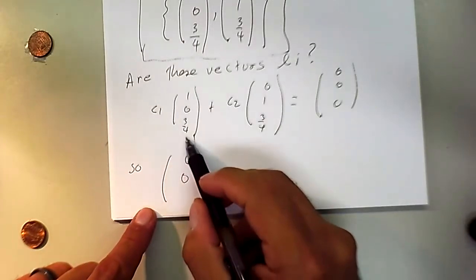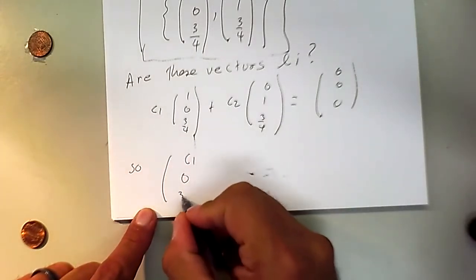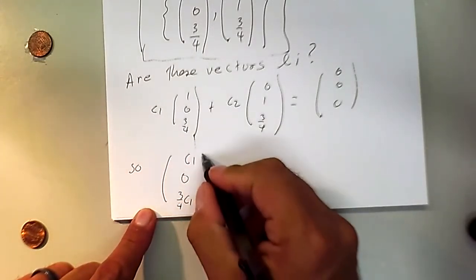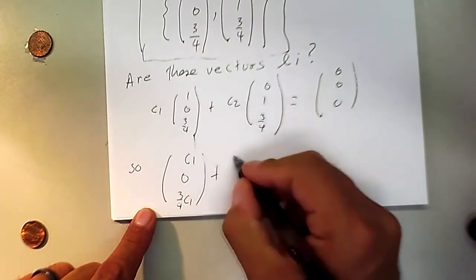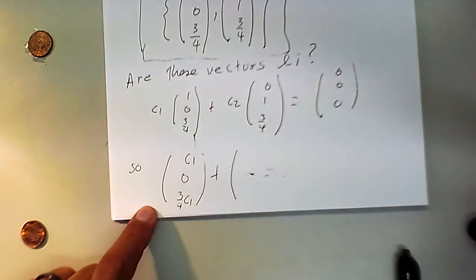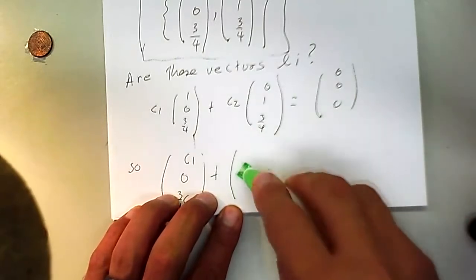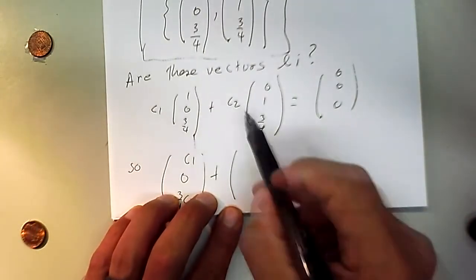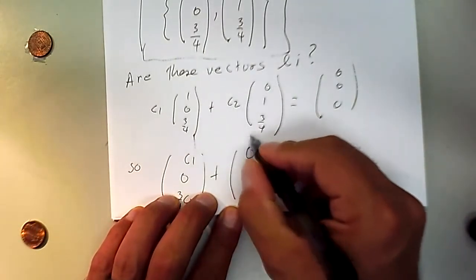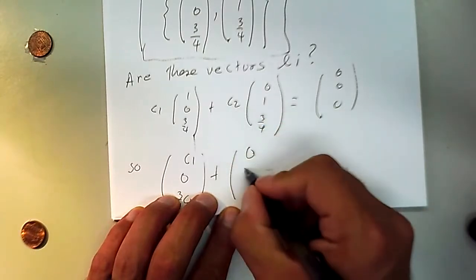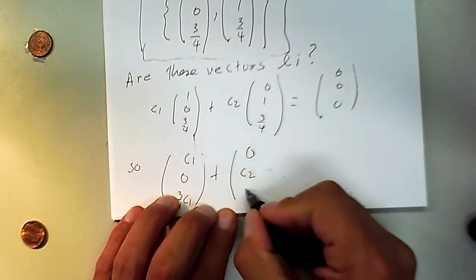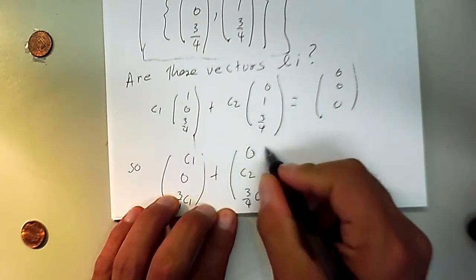C1 times 3/4 is 3/4 C1. And then we're going to multiply through here with C2. There. So 0 times C2 is 0. 1 times C2 is C2. And then 3/4 C2.